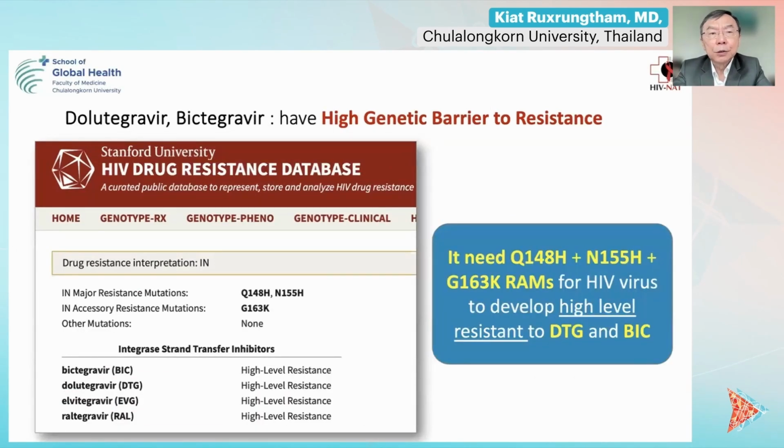In contrast, the second generation integrase inhibitors, dolutegravir and bictegravir, require up to three or more mutations to develop high-level resistance to DTG or bictegravir.